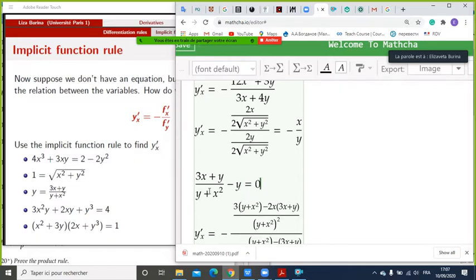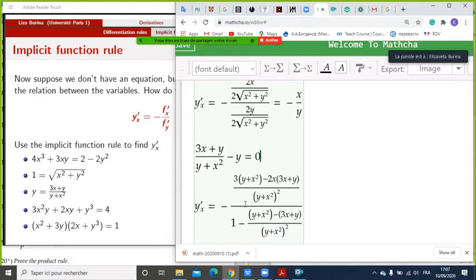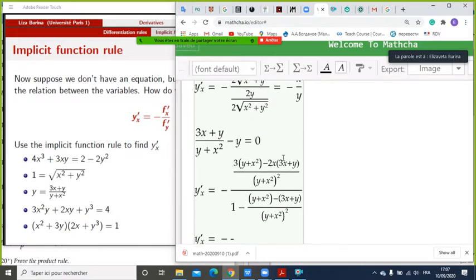I moved y to the right, and that's what I got. You don't have to always move everything to the right or left.